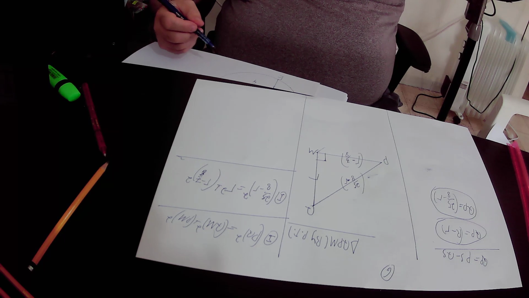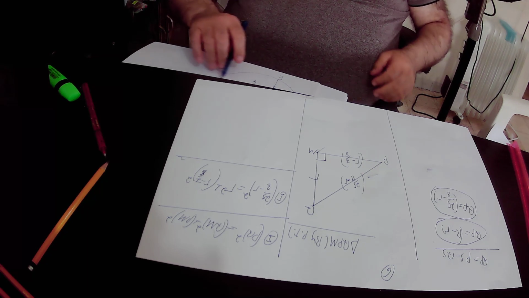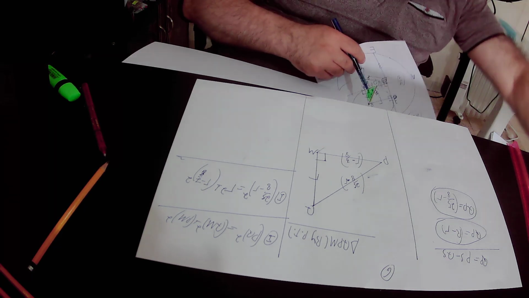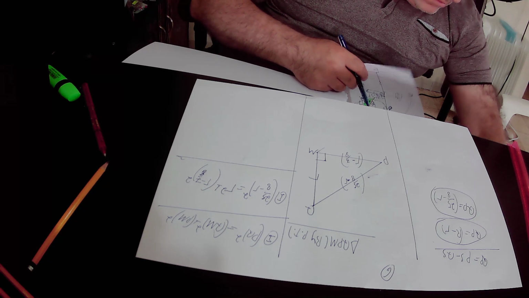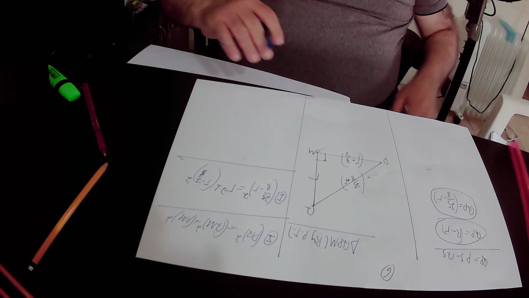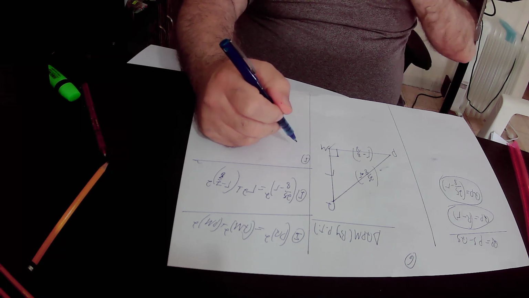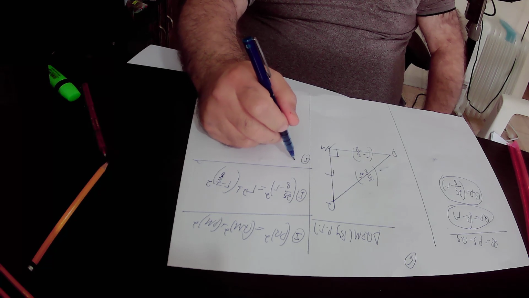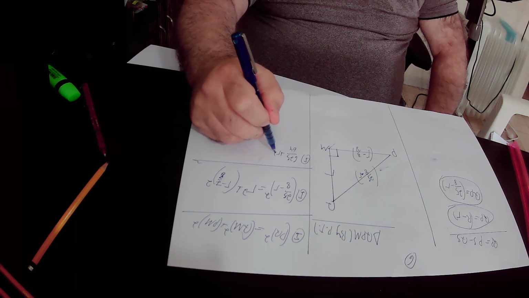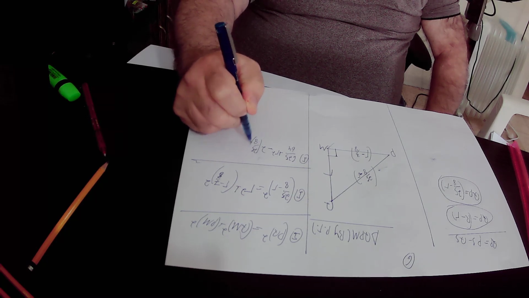Here we will open the brackets on both sides of equation number 1, and we will get that according to equation number 1, (25/8 minus r) squared equals 25/8 squared, that is 625 over 64, plus r squared minus 2 times 25/8 times r.